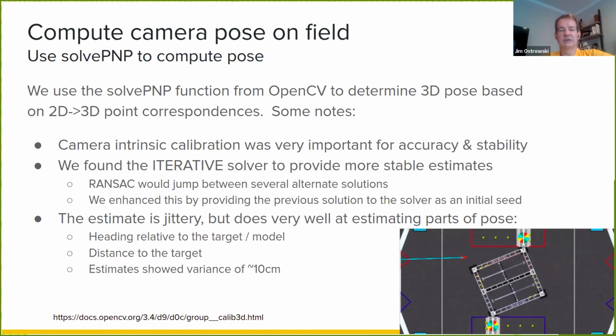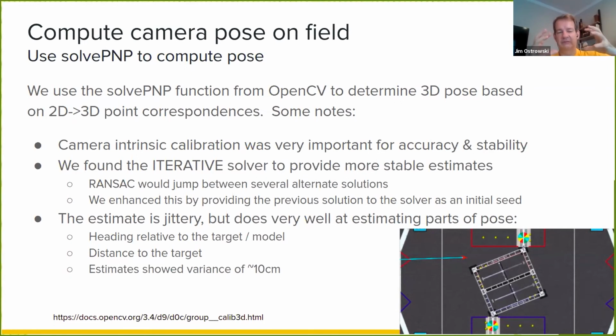There's a bunch of different ways you can use solvePnP. We started with RANSAC and tried that, and RANSAC, I'm not going to go into the details, is kind of an iterative random sampling and consensus algorithm that is usually very robust to outliers. So it's good at rejecting noisy samples. So we thought that would be great.